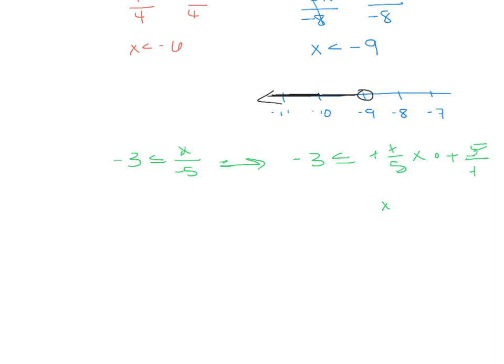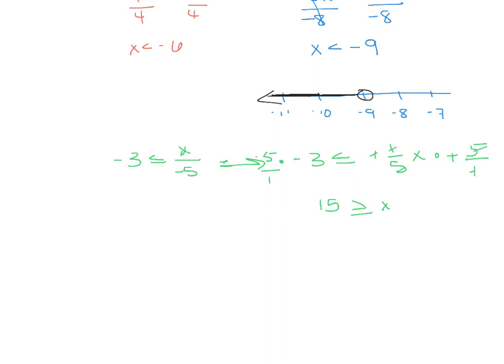But I also have to multiply this by negative 5 over 1. Negative 5 times negative 3 is 15. And since I multiplied by a negative number, my sign flips. So it says 15 is greater than or equal to x.